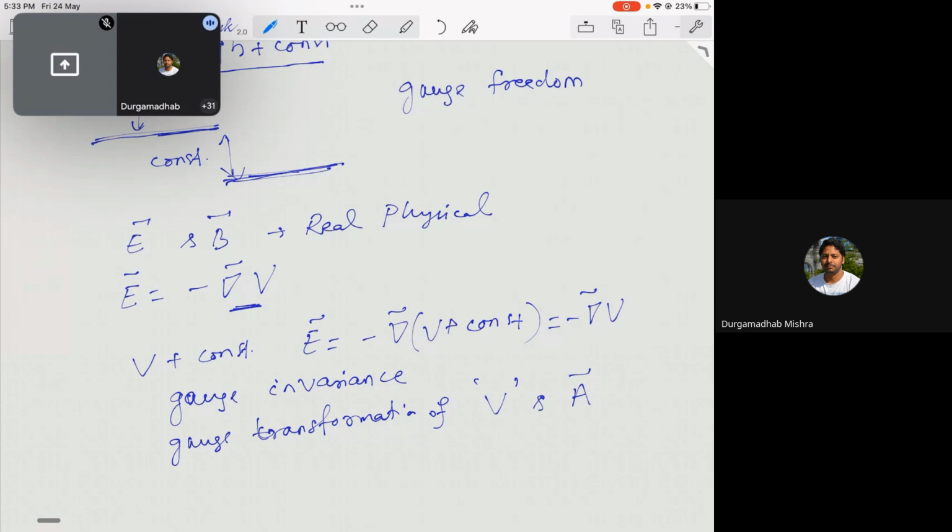So let's look at how we can find or define this potential and vector potential.